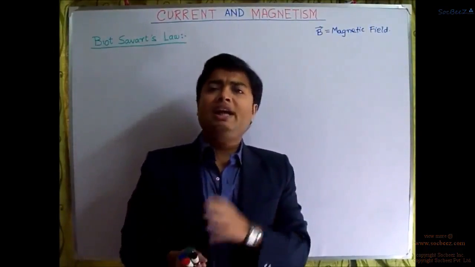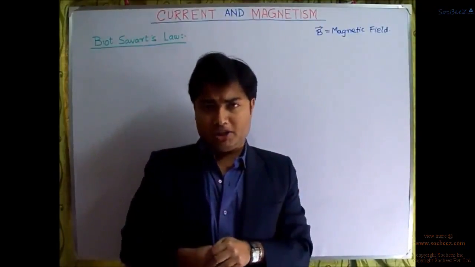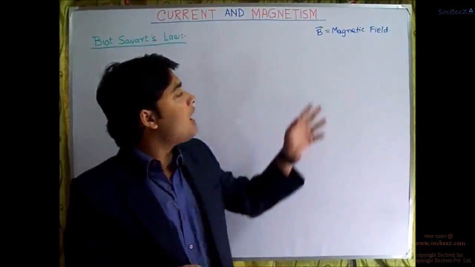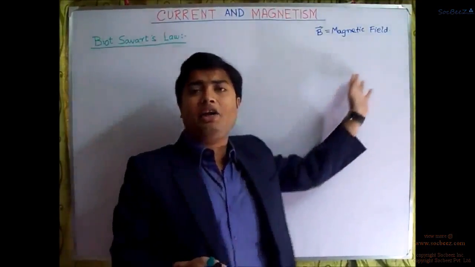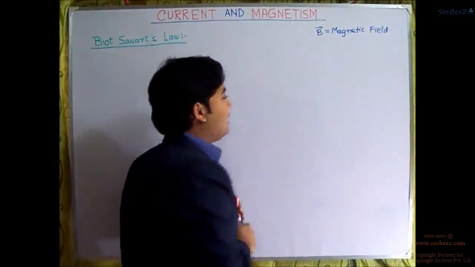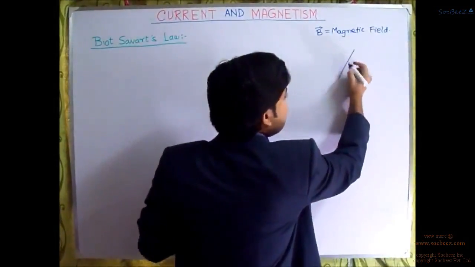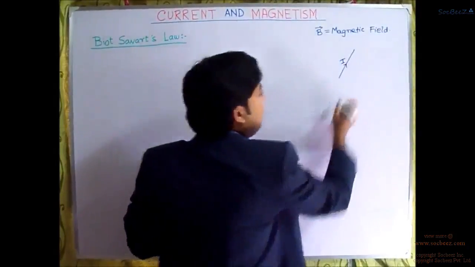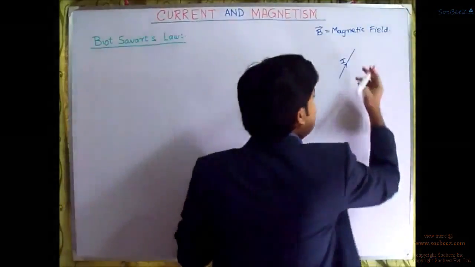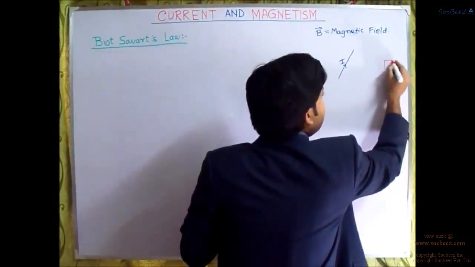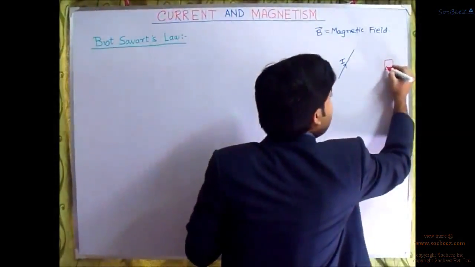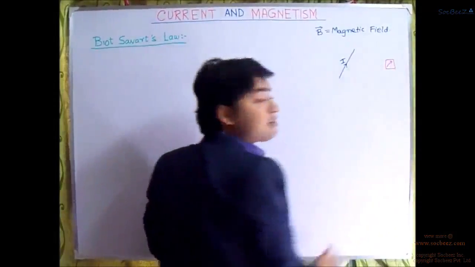Oersted, during his lecture demonstration, once found accidentally that there was a current carrying conductor like this, with the current I flowing through it. The magnetic compass, when placed far away from this, was giving the direction somewhat like this.